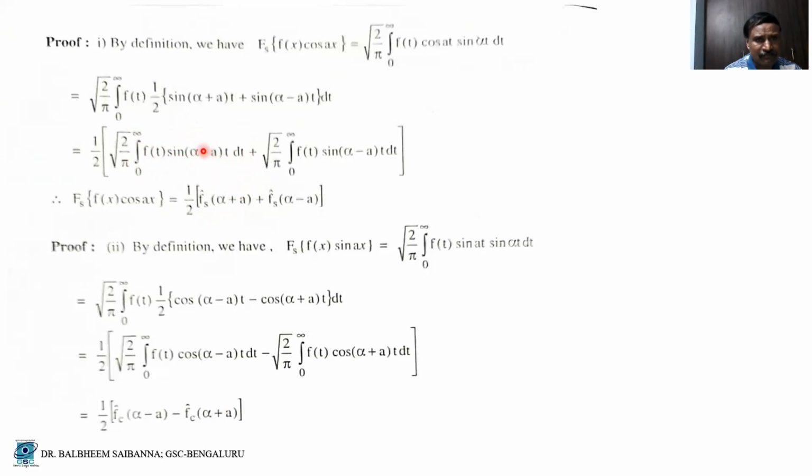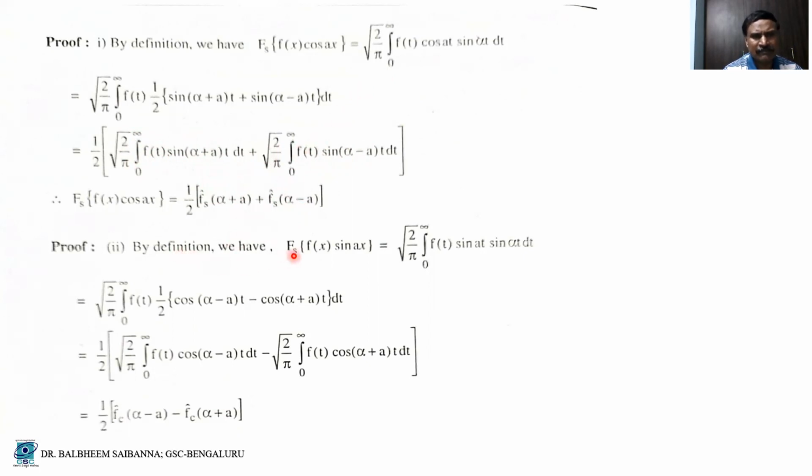In place of alpha, here we have alpha plus a, so that is why we are writing Fs of alpha plus a. This is also the same Fourier sine transformation, Fs of alpha minus a. Now this is the first one.